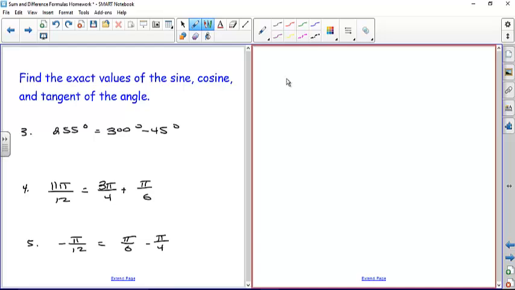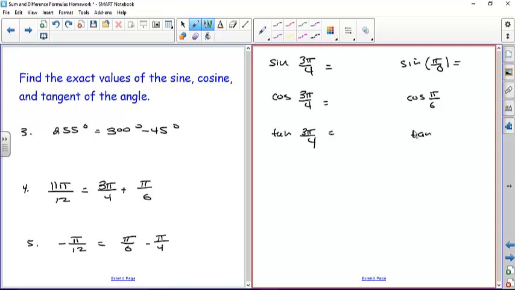So let's first figure out what the sine of 3 pi over 4 is, the cosine of 3 pi over 4, the tangent of 3 pi over 4, and then we need the sine of pi over 6, cosine of pi over 6, tangent of pi over 6. Okay. Again, you can look these off of the unit circle. So in this case, I'm just going to give you the answers. You can look them off of your sheet.